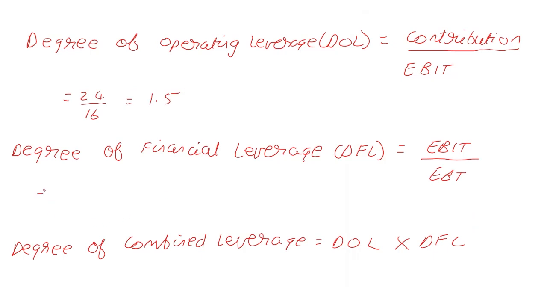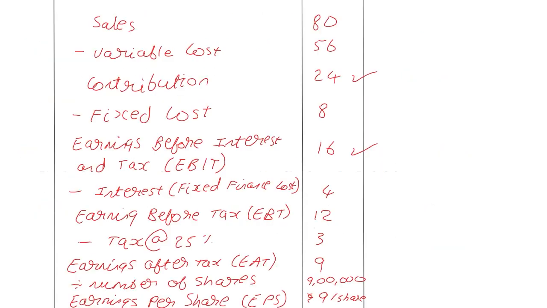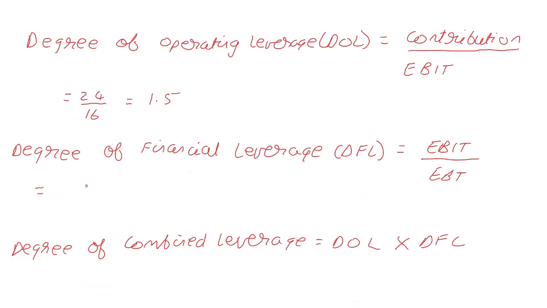Now, degree of financial leverage, I have EBIT upon EBT. So 16 upon 12. Okay, and 16 upon 12 might give us a non-terminating decimal.